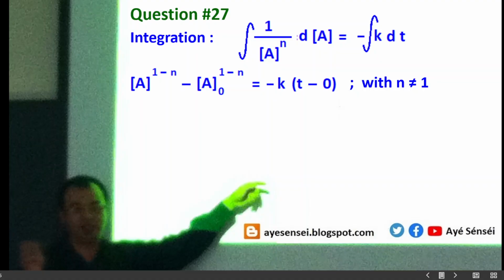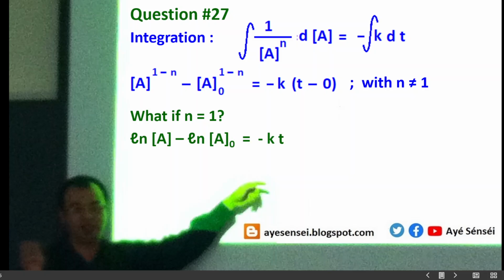The problem is what happens if n equals 1. If n equals 1, then this becomes a logarithmic equation, so it becomes like this. A0 is basically a constant, and it has a minus sign, so we can move it to the other side. So it becomes like this.